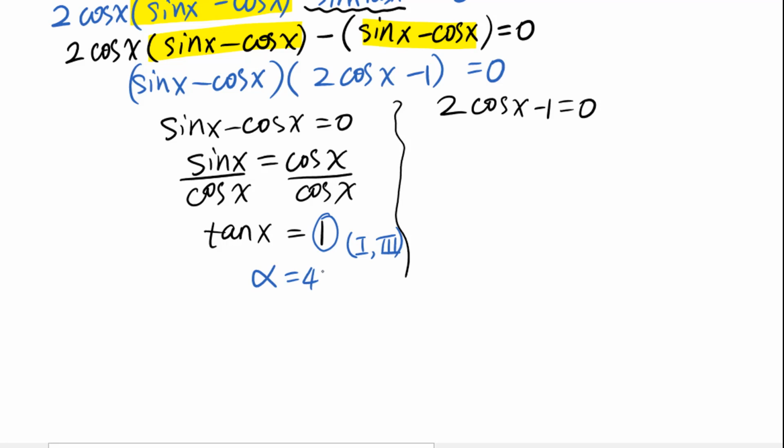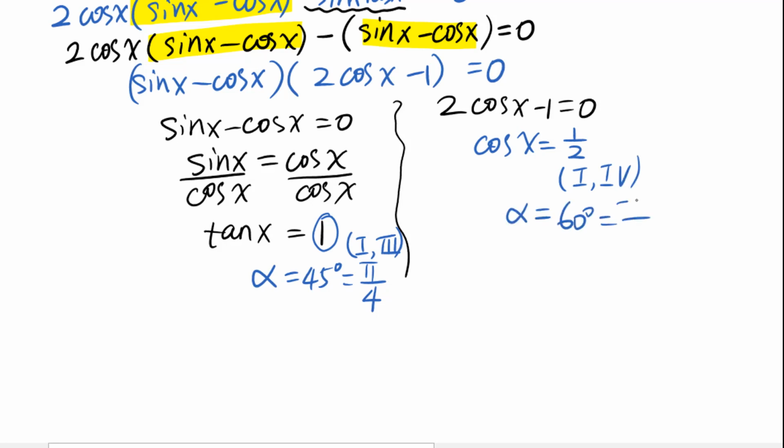Reference angle is 45 degrees, that is pi over 4. Let's go to this equation. We will get cosine x equals 1 over 2. It goes to the first and fourth quadrant. Reference angle is 60 degrees, that is pi over 3.